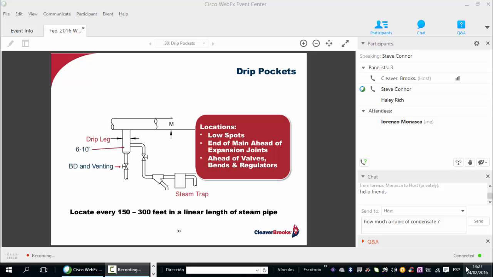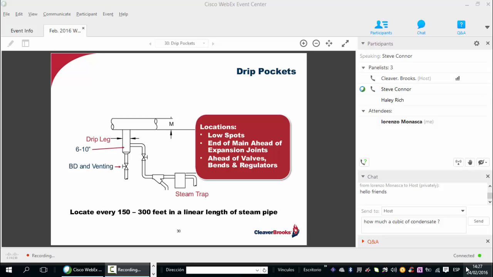And another thing I wanted to draw your attention to, because it's so important, is the frequency of the drip pocket placement in a linear length of pipe. Every 150, no more than 300 feet, as well as other locations noted in the red box.